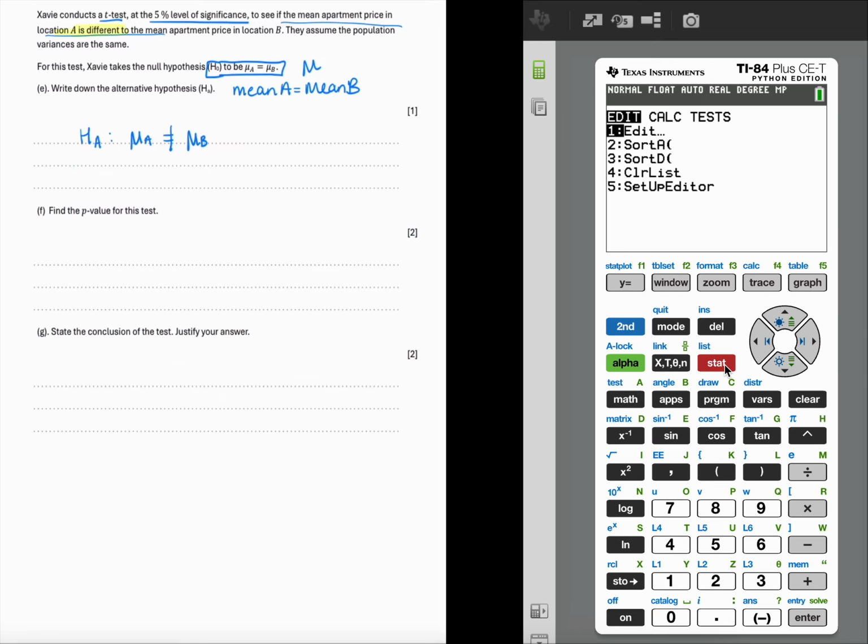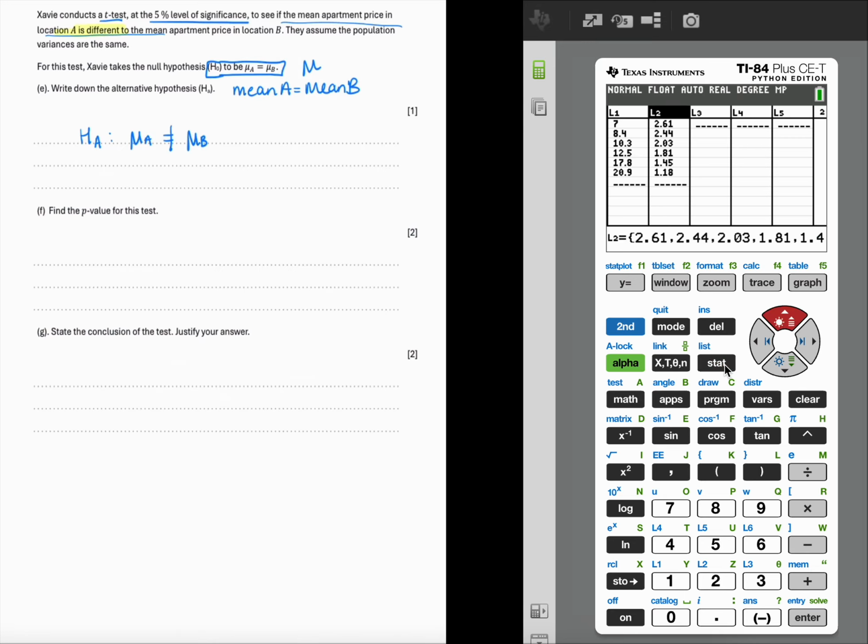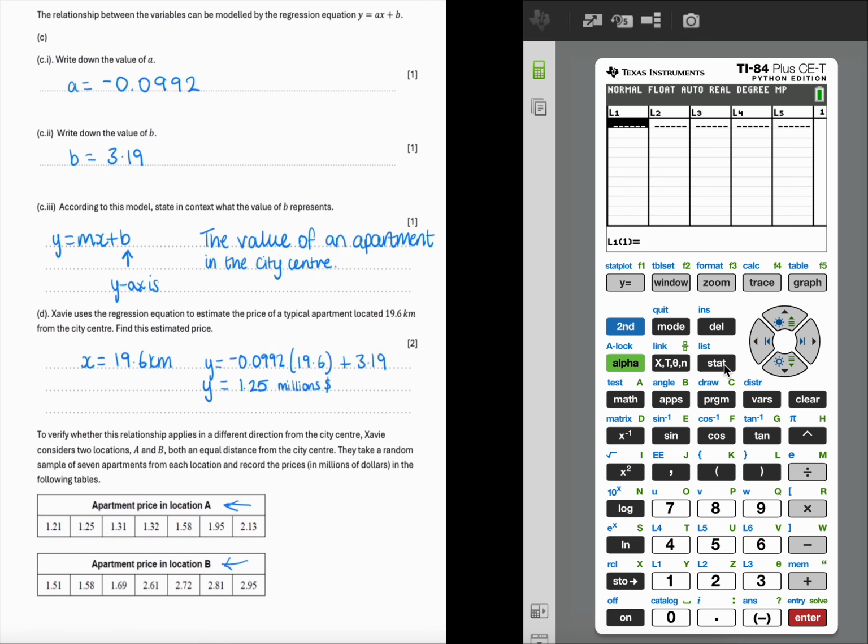So we're now going to go back into statistics, and we're going to erase this data we had here. And we're now going to type in the data that we were given at the bottom here. So we had 1.21, 1.25, 1.31, 1.32, 1.58, 1.95, 2.13.